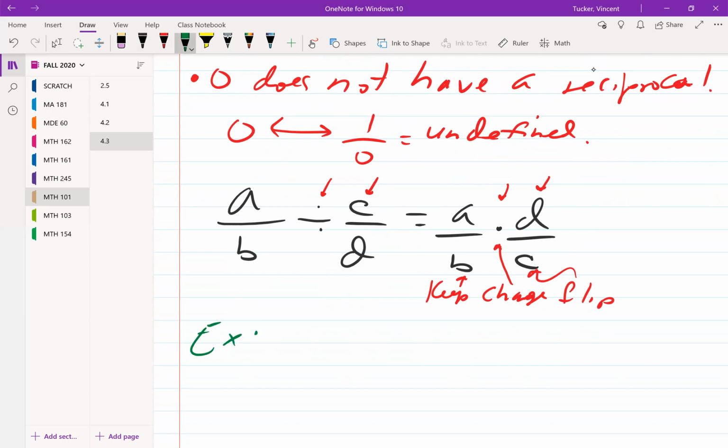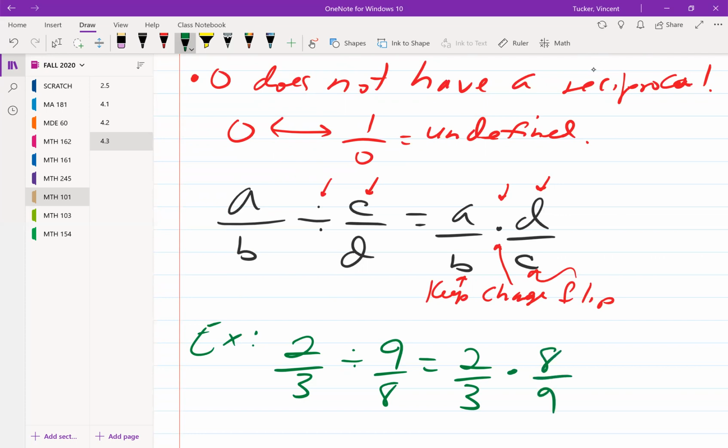So in other words, if we go back to 2/3, before we had 2/3 times 9/8, so this time we'll do divided by 9/8. Before we could reduce because we were already in multiplication. This time we can't until we convert it to multiplication, and the only way we can do that is by keeping the first fraction, changing the division to multiplication, and flipping the second fraction, the fraction that follows the division sign.